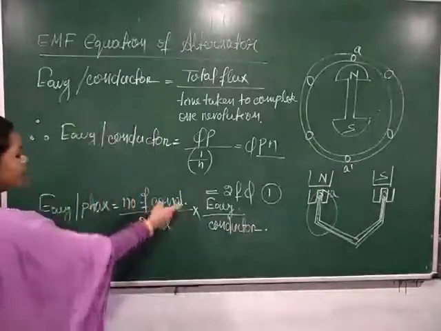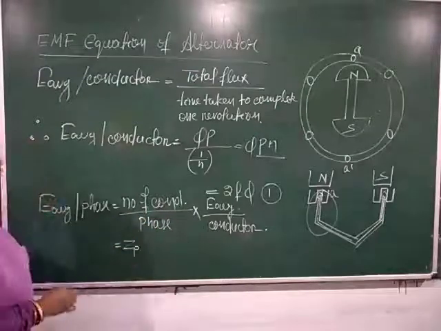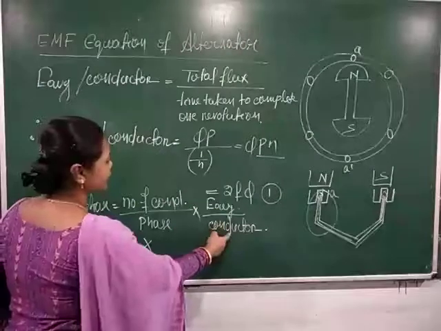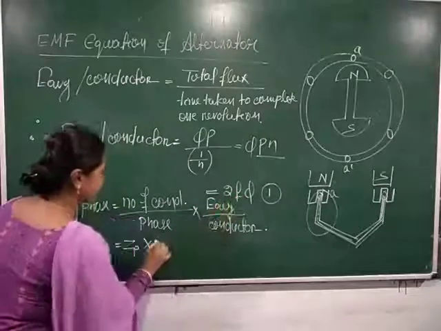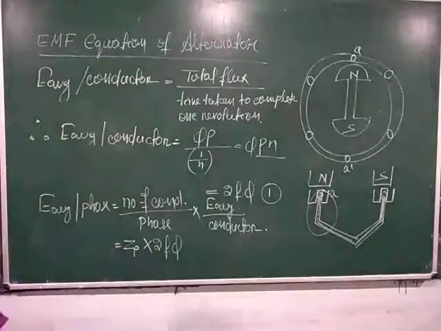The number of conductors per phase is Zp and the average EMF per conductor is 2F Phi.